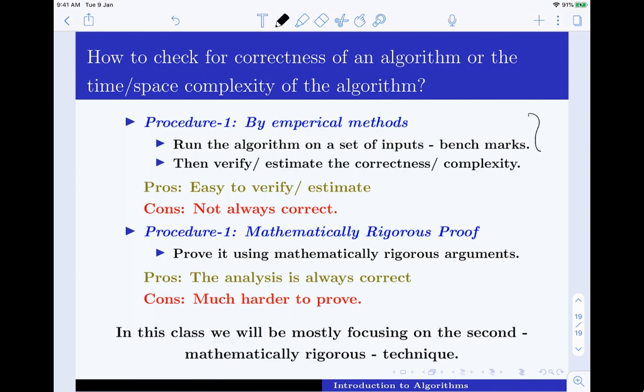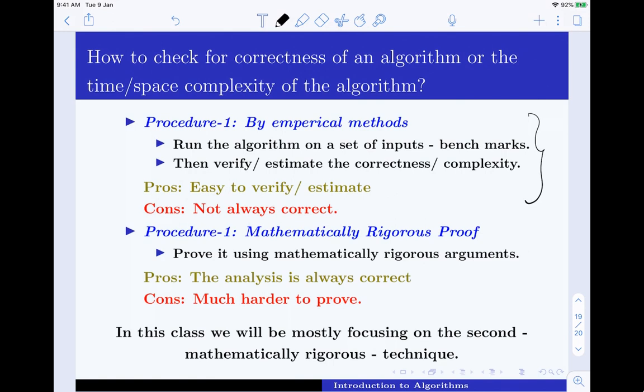So there are two ways of doing it. The first way is the empirical method. Here you run the algorithm on a set of inputs called the benchmarks, and you verify the correctness or the running time on those benchmarks.